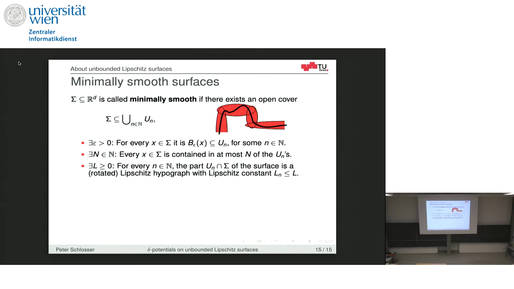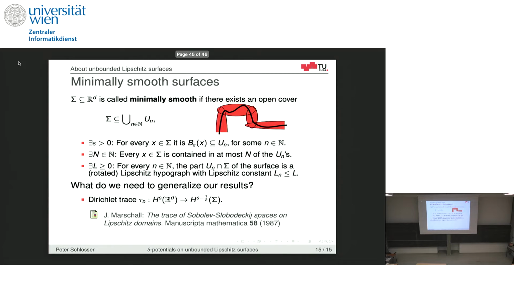And inside every U_n, it should locally be a Lipschitz hypergraph with a Lipschitz constant which is bounded. So all of these infinitely many Lipschitz constants are bounded. Then it may be possible, or maybe under some other assumptions on the boundary, to extend all of this.